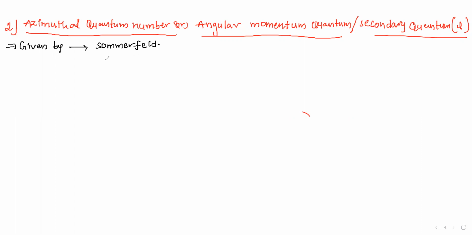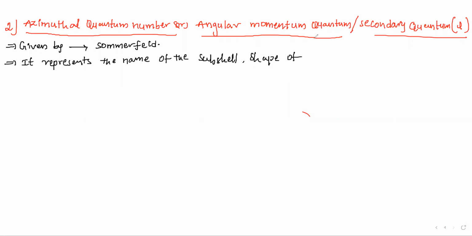And it represents the name of the subshell and the shape of the orbital.